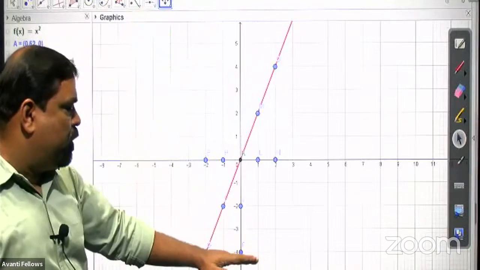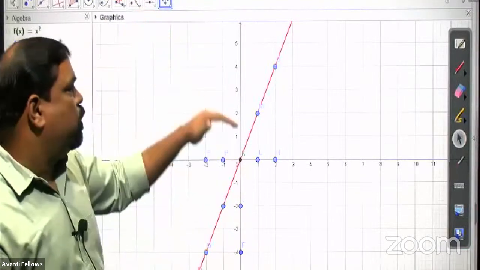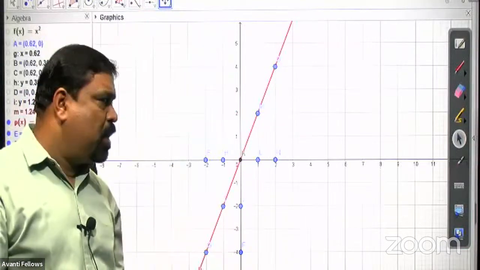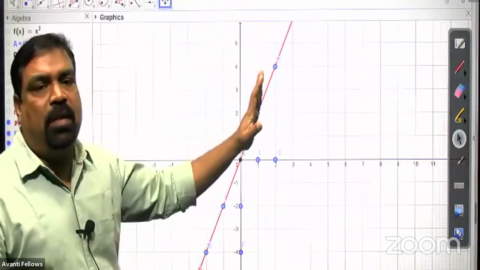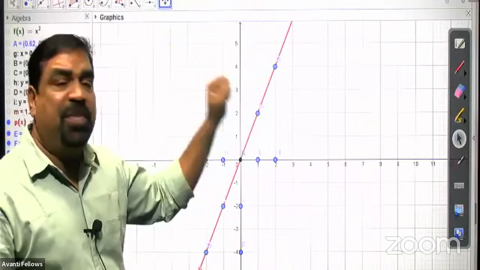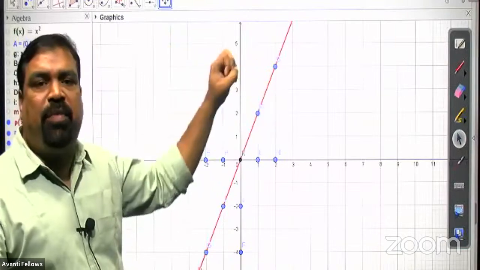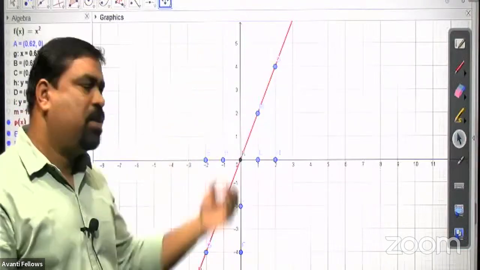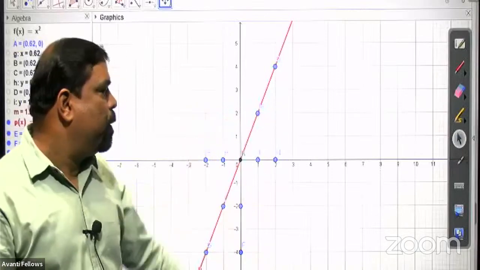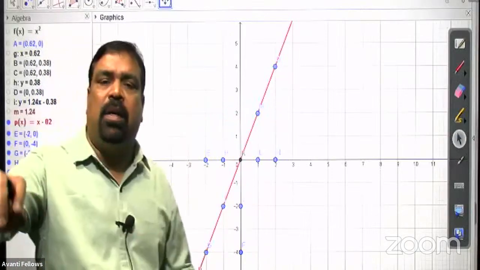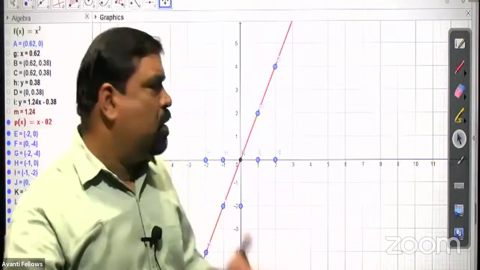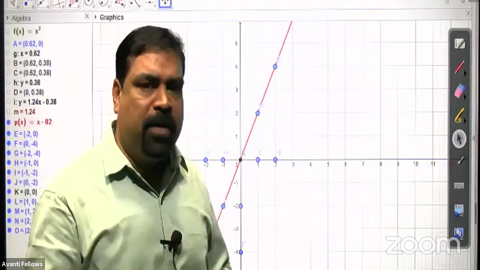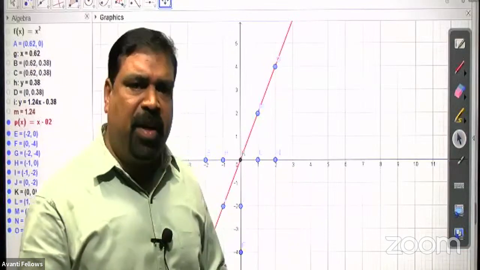First it was -4, then -2, then 0, then 2, then 4. So this kind of function is called a strictly increasing function. As x increases, the function value also increases. That's the meaning of strictly increasing function.